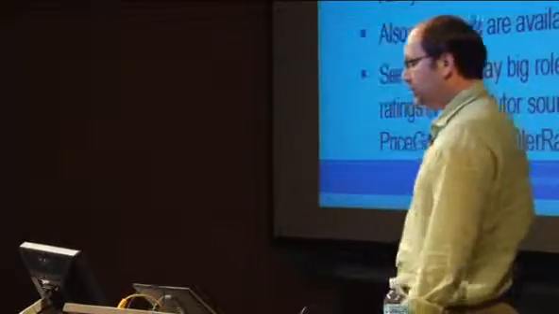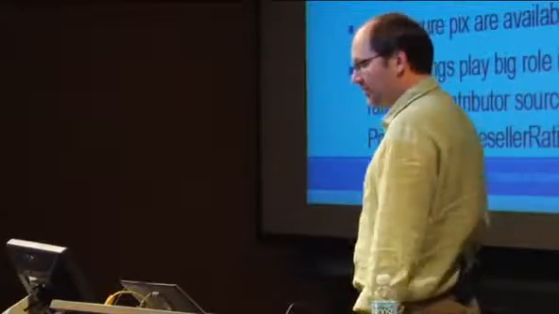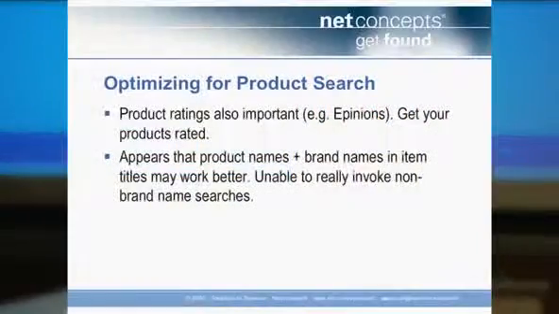Seller ratings play a big role in rankings in Google, and you can manage your ratings at contributor sources like DealTime and Nextag, PriceGrabber, Reseller Ratings, Shopzilla, etc. ePinions would be a great place too. Product ratings are important, and so sites like ePinions are great too.